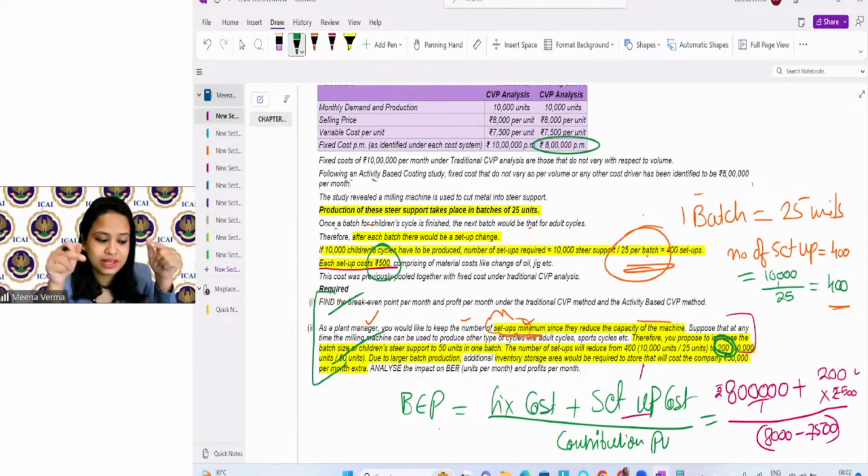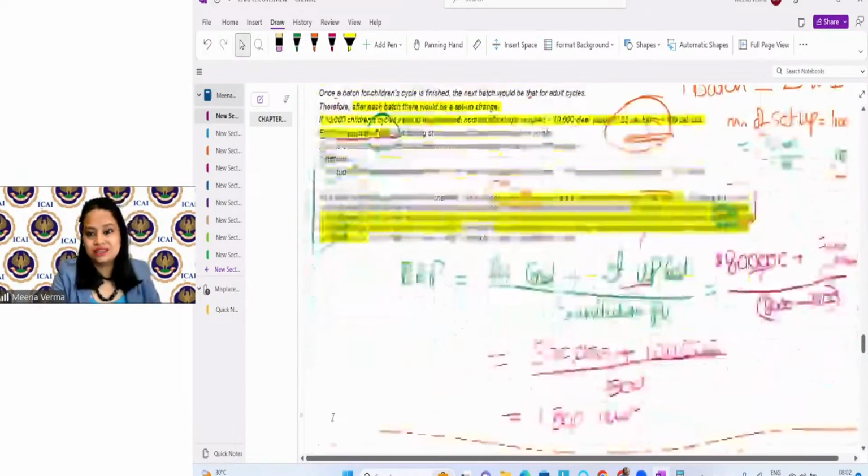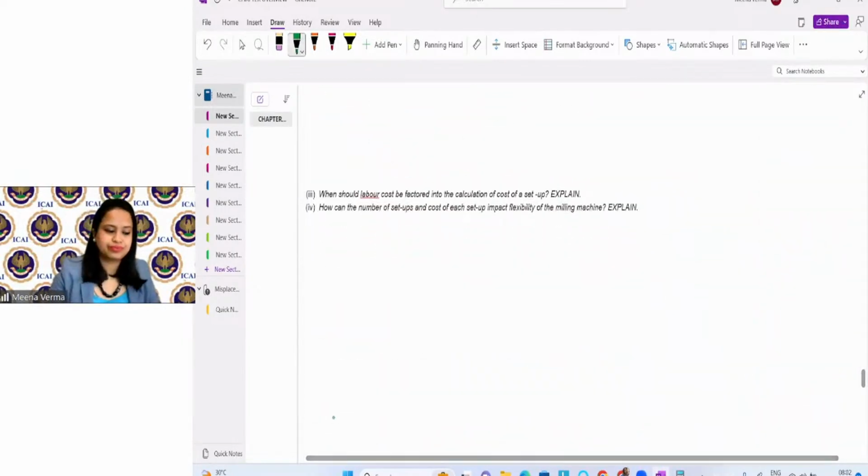Like this question, it was so simple. You just have to find the break-even point, considering the fixed cost divided by contribution per unit. Such a simple question. Right? The questions are actually very simple, but they are lengthy. That's it.